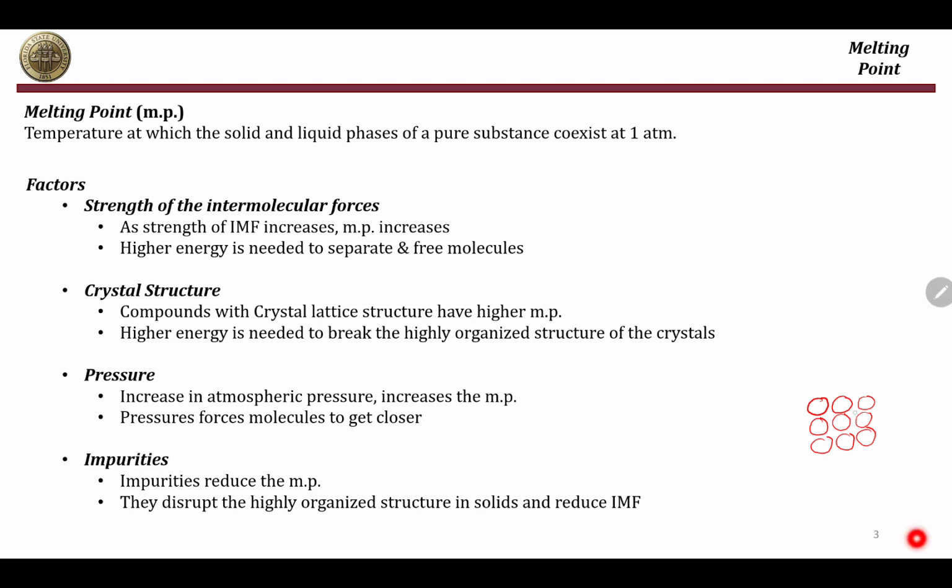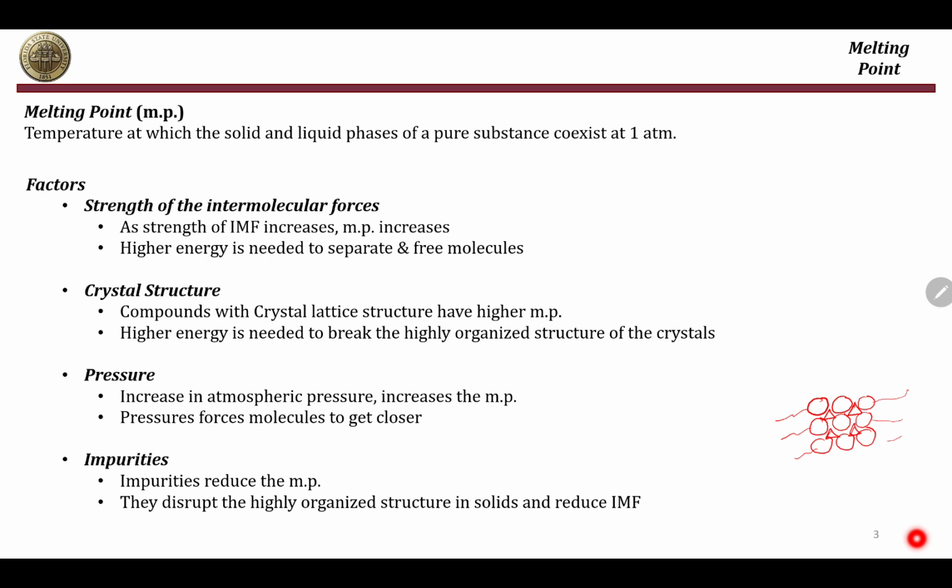However, the presence of an impurity in between will weaken these intermolecular forces, and that's why now it's easier to separate the molecules, and this leads to lower melting points.